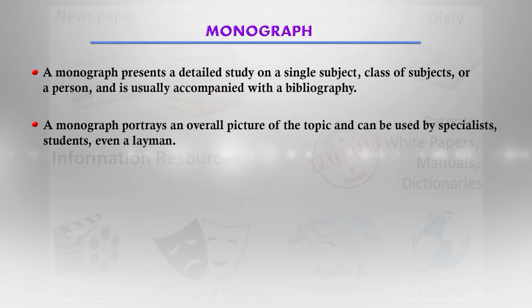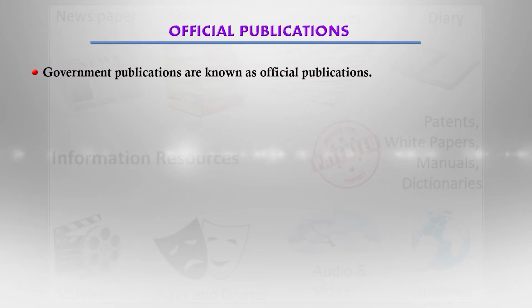A monograph portrays an overall picture of the topic and can be used by a specialist, student and even a layman. So, due to their originality, monographs also form part of our primary sources of information, because they present collected and detailed information, and this monograph information is collected from the primary sources itself.